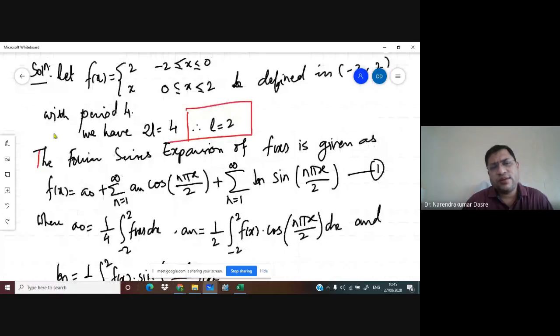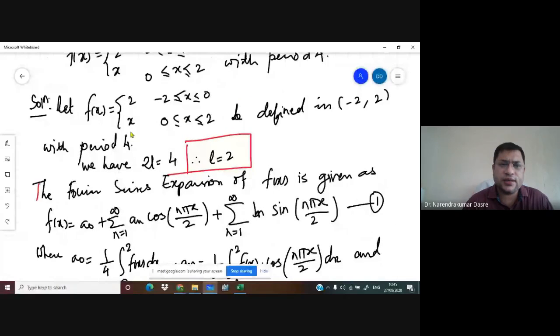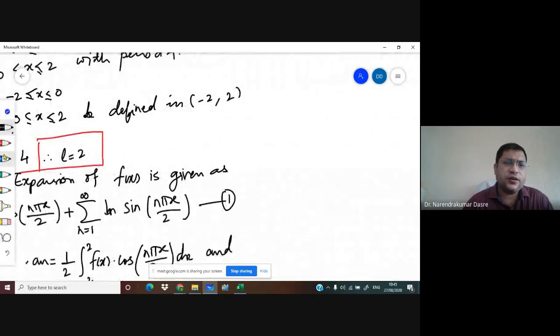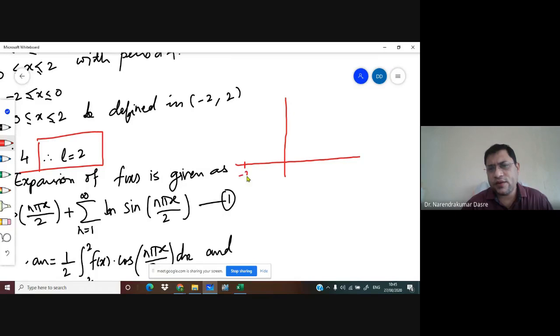You can see there is a discontinuity at 0. So how will this function look if we draw the graph? This is going to be minus 2, this is going to be 2, and this is 0.